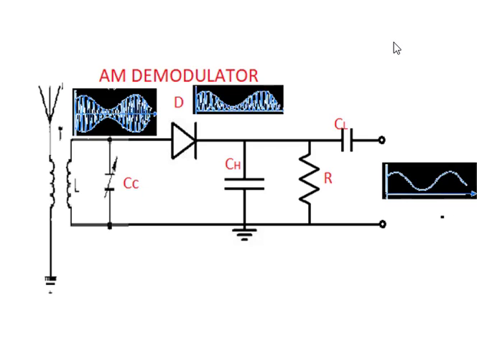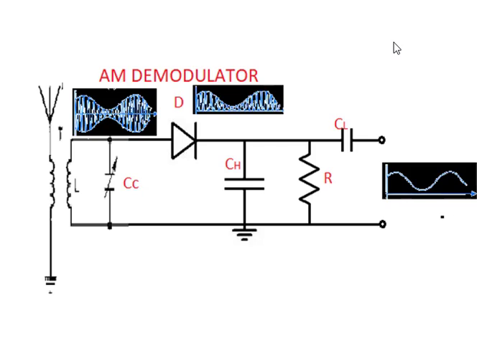Dear students, today we discuss the AM demodulator. What is an AM demodulator? A demodulator is a circuit used to demodulate the amplitude modulated or frequency modulated wave. What is demodulation?